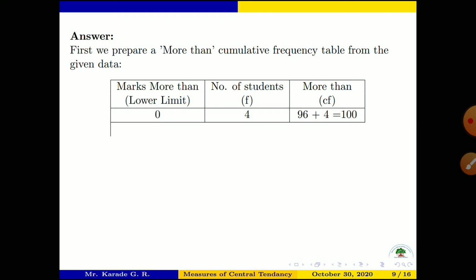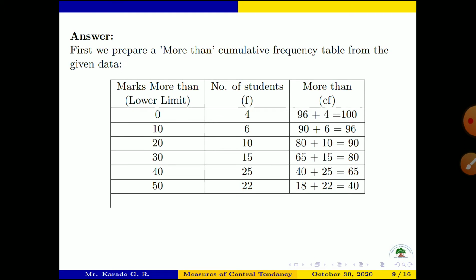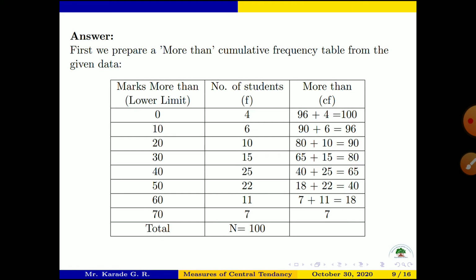See here, this column is constructed from bottom to top. So to prepare this table, we have to start from the bottom to top. The first 2 columns we prepare very easily, as they are given in our question.